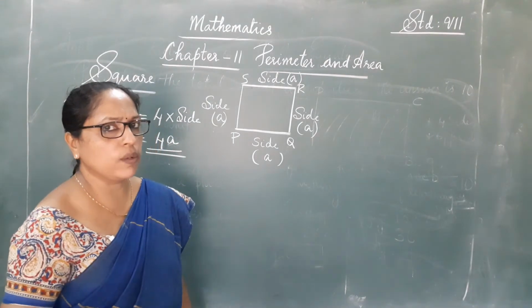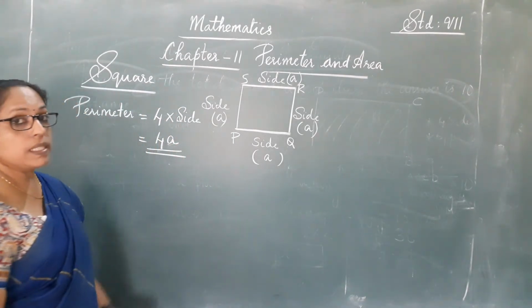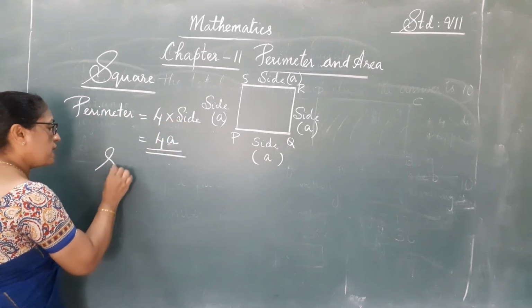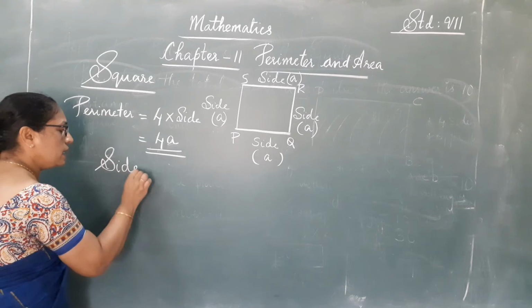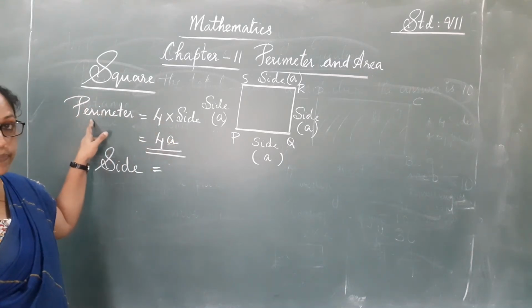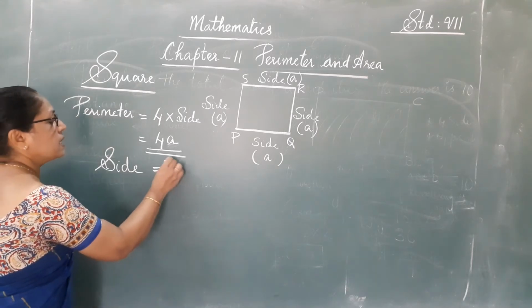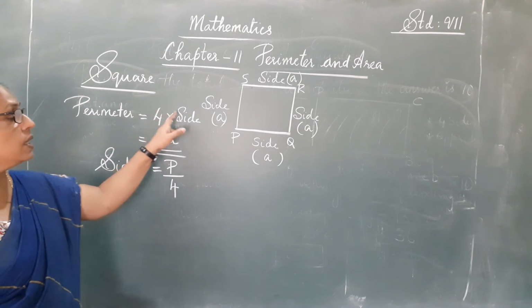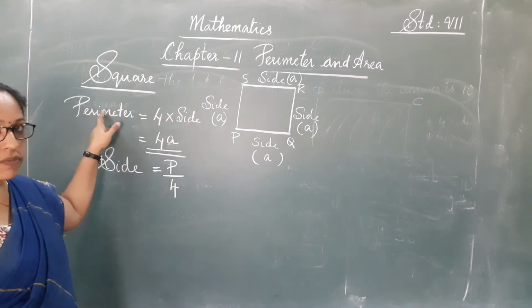So how can we find one side from the perimeter? 4 into side makes the perimeter, so how do you find the side from the perimeter? Yes, perimeter divided by 4.